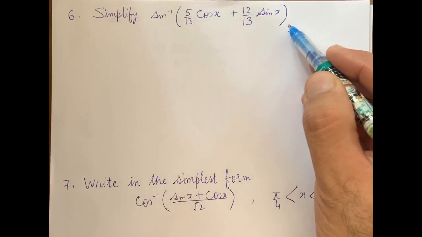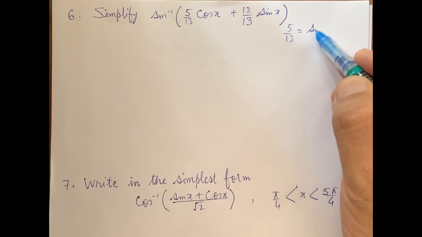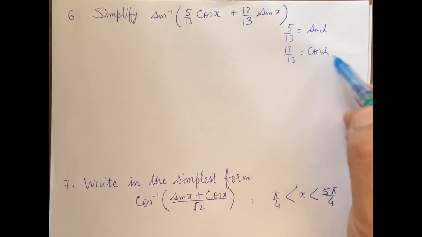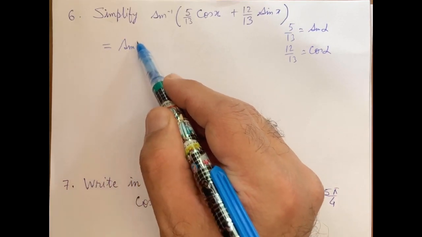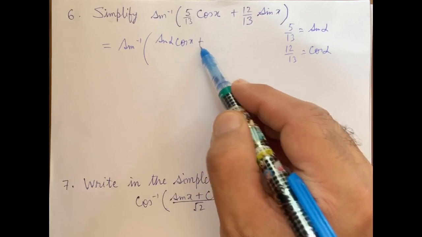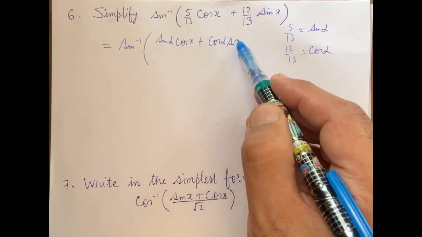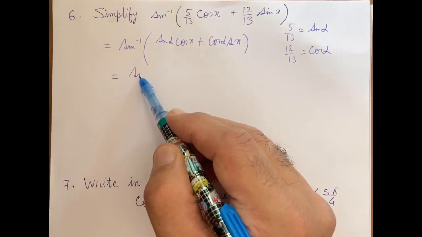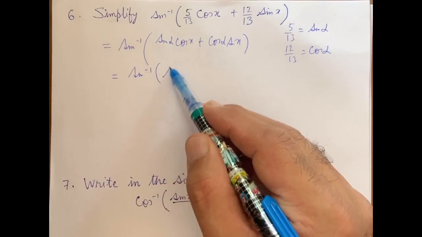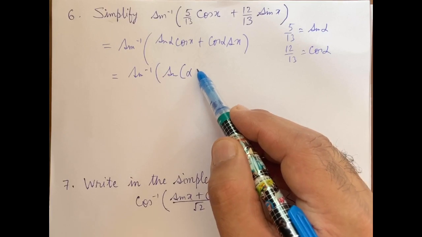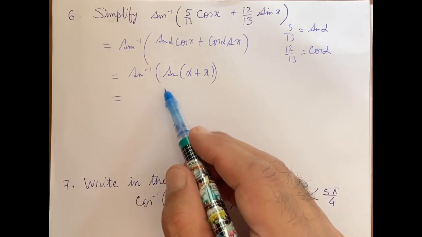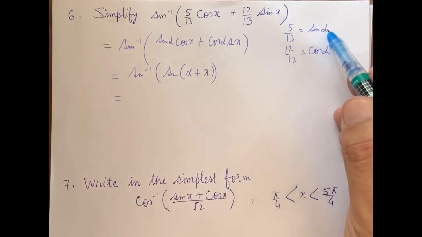So we put 5 by 13 is equal to sine of alpha, and 12 by 13 is equal to cos of alpha. This is sine inverse of sine alpha cos of x plus cos alpha sine of x. Now sine A cos B plus cos A sine B is sine of A plus B. This is sine of alpha plus x.